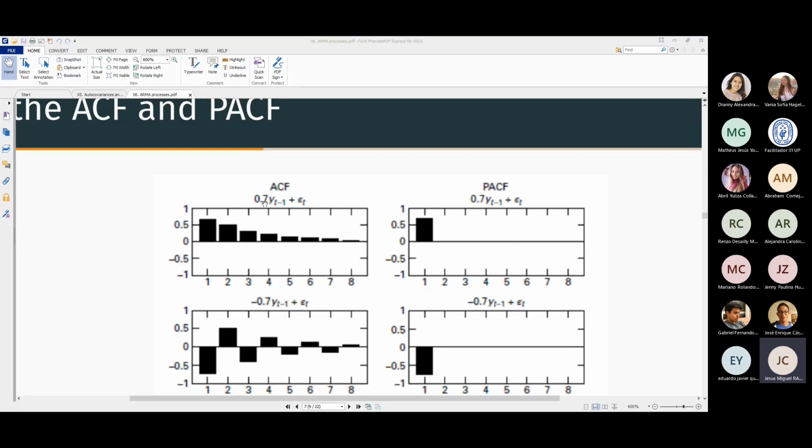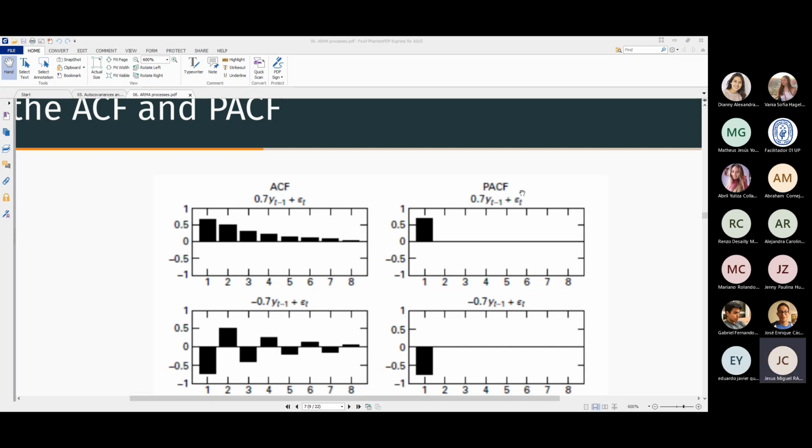That means that the process is a stationary AR1 process. And the ACF decreases geometrically, as you can see. The first term will be the same as this coefficient, 0.7, and then it will decrease geometrically.